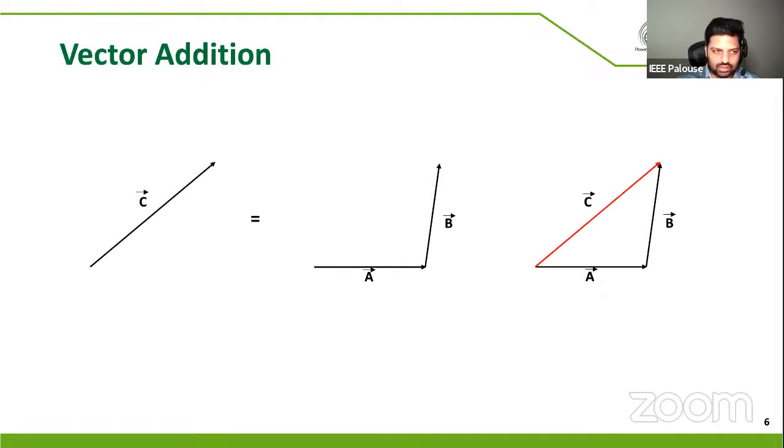So let's refresh ourselves with some basic concepts of vector addition. We all studied this concept in early school. A vector is nothing but a quantity with a magnitude and a direction associated with it.